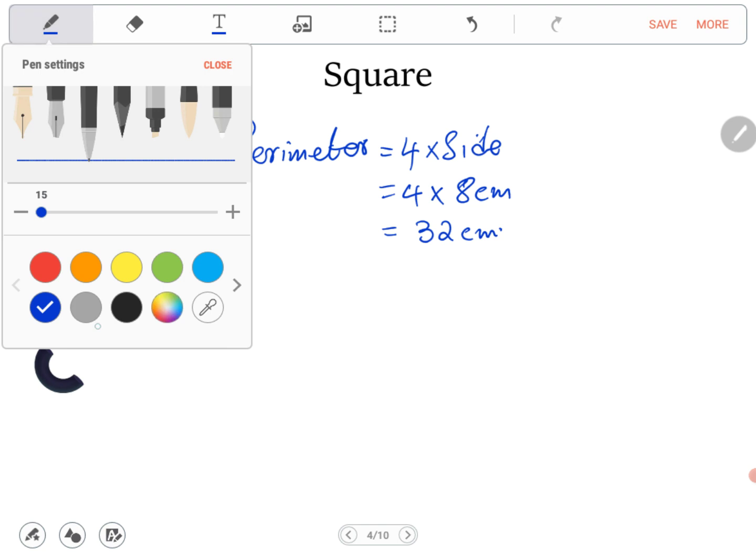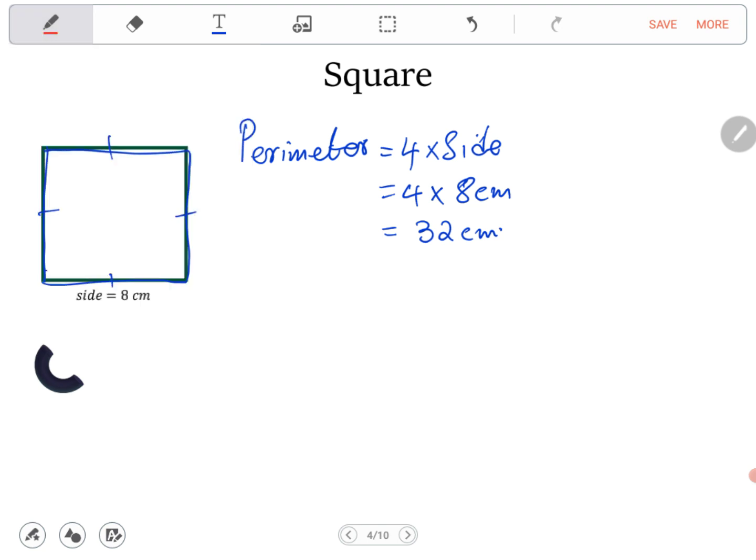You can check if this is correct: 8 centimeters plus another 8 centimeters, plus another 8 centimeters, plus another 8 centimeters. The answer will be 32 centimeters as well.